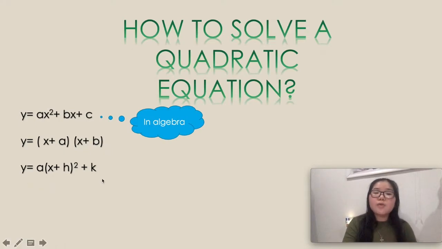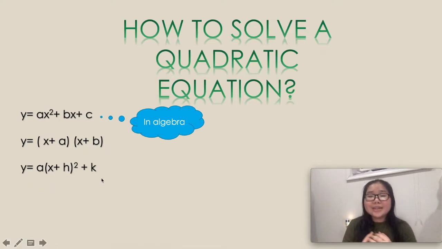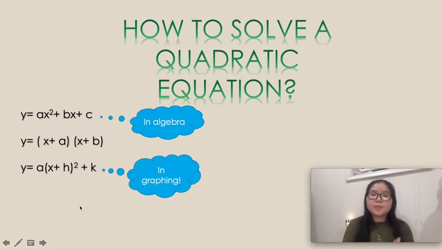Right? So the final one, do you remember it? This is the graphing form of the quadratic equation. If you do not remember it, I will have a quick review for you in the next slides. So the final one, I will use in graphing. So it's quite easy for you, and it's really a helpful tool to use in graphing.